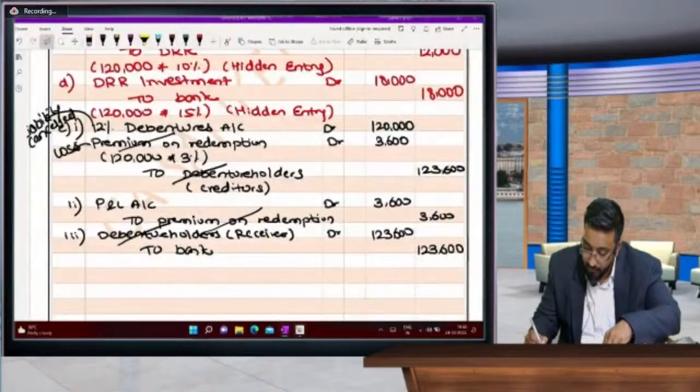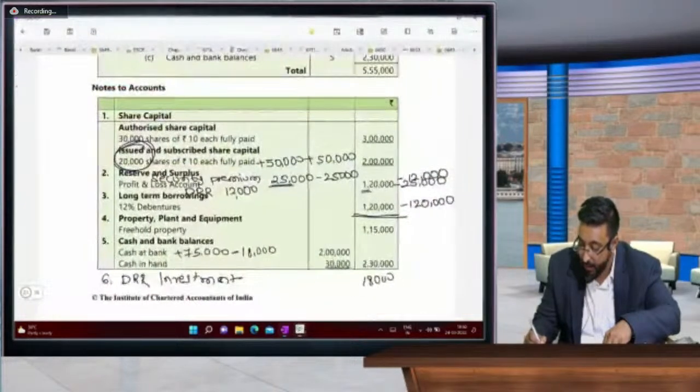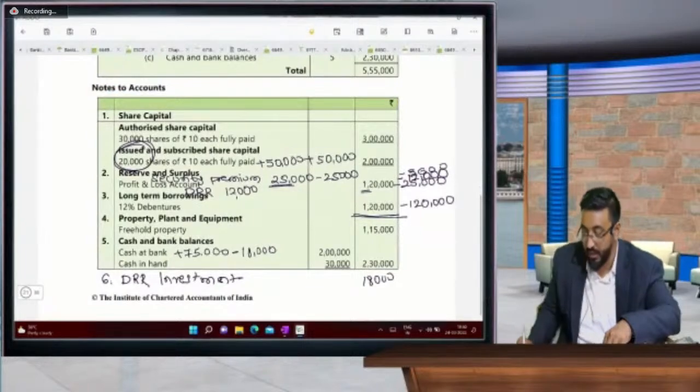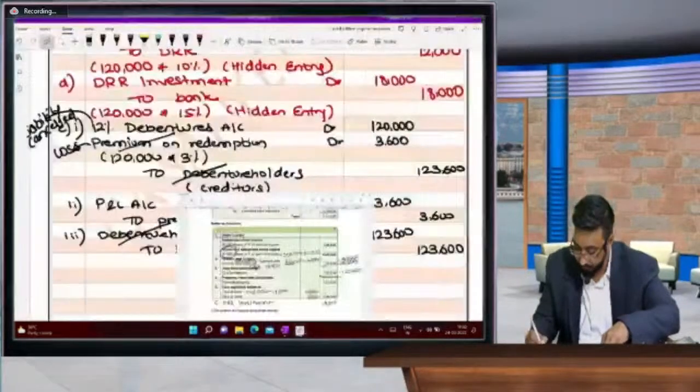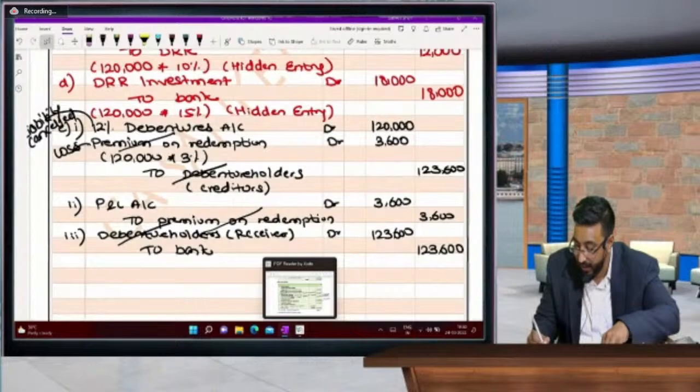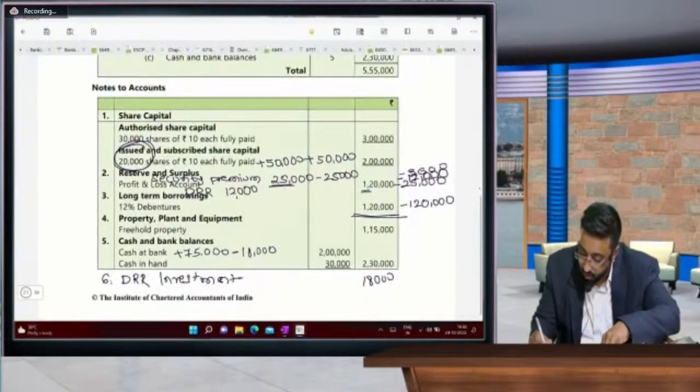Then premium is a temporary, debenture holders is a temporary. P&L debit. In question, credit, reserves and surplus. So 3,600. Premium and debenture holder again cancelled. So remaining is bank credited, and in question it is debit. So deduct 1,23,600.